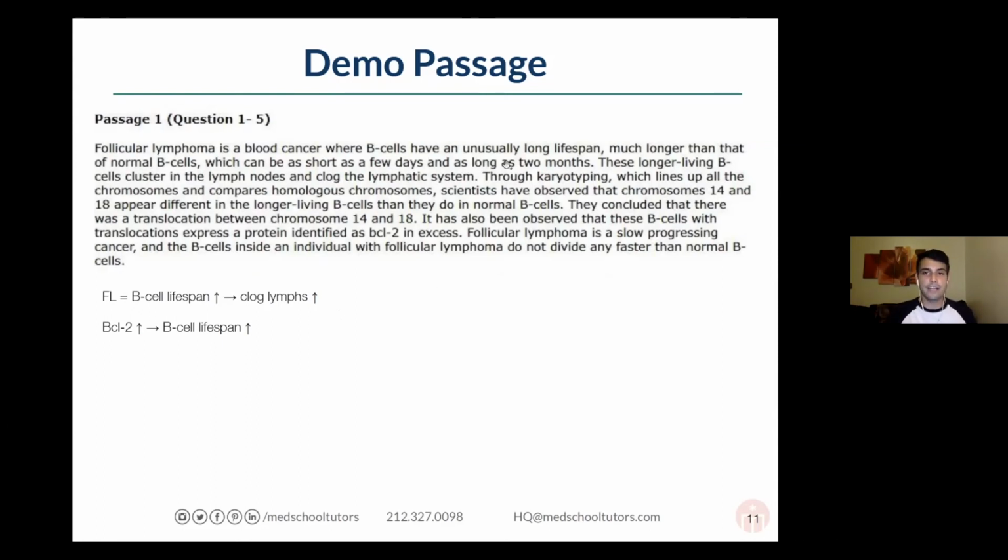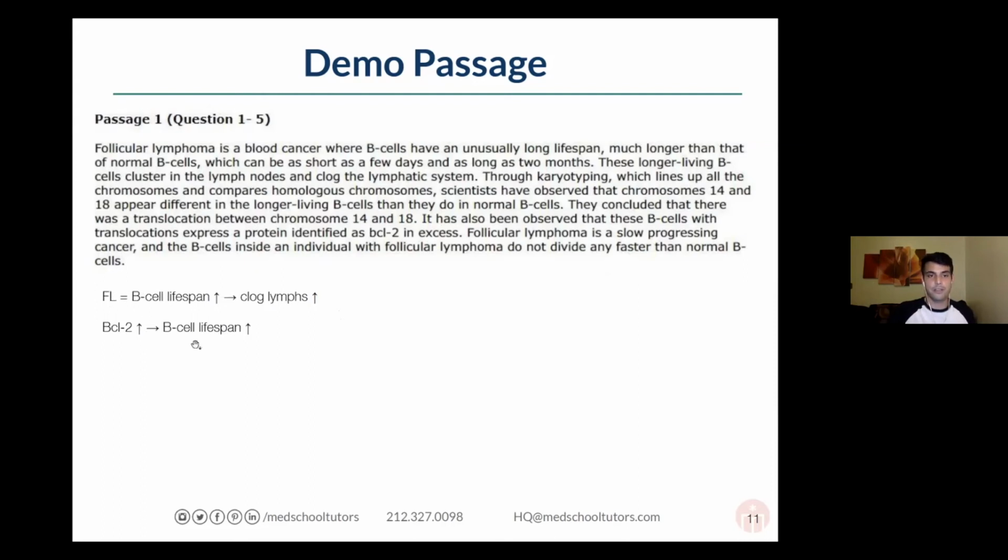And then if I go on through the karyotyping thing, they saw that in those longer living B cells, there was this translocation of the chromosomes, which led to an excess of protein expression of BCL2. So that adds another piece to the story that we can simplify, which is that BCL2, when it's expressed in excess, also leads to B cell lifespan being increased.